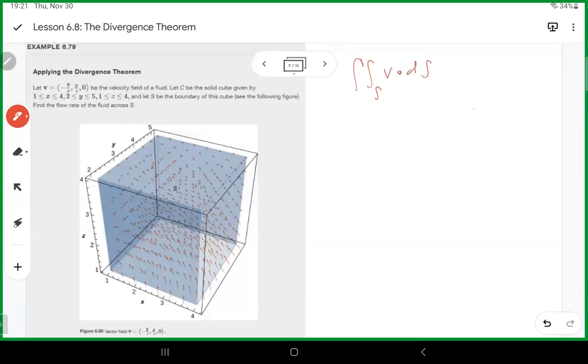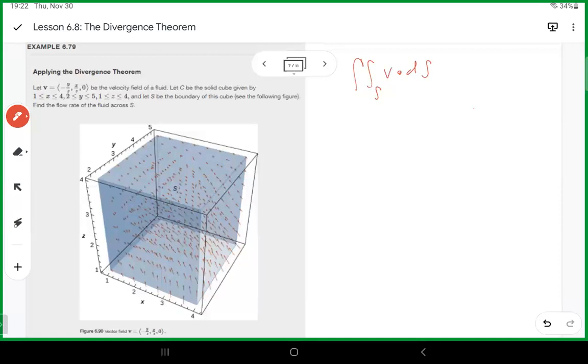So by calculating the flux integral, let's discuss the value the integral should be. Based on the figure, we see that if we place this cube in the fluid, as long as the cube doesn't encompass the origin, then the rate of the fluid entering the cube is the same as the rate of the fluid exiting the cube.